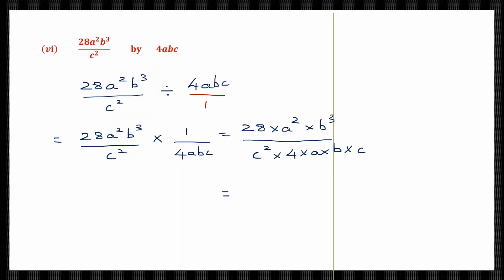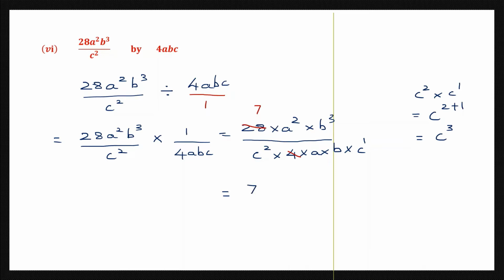We can cancel 4 and 28. 4 7s are 28, and we can also add up c square into c to the power of 1. Remember we did the product law in multiplication. So c to the power of 2 into c to the power of 1. Because it is multiplication, we add the powers. In division, we subtract the powers. In multiplication, we add. So this becomes c to the power of 3.